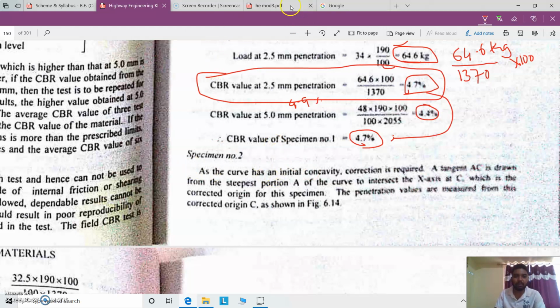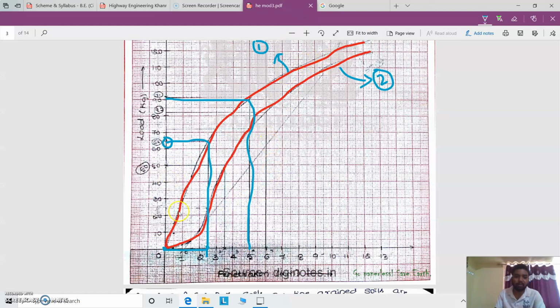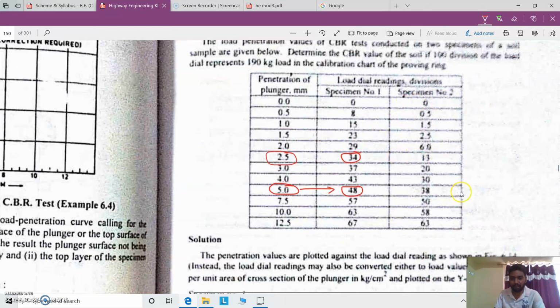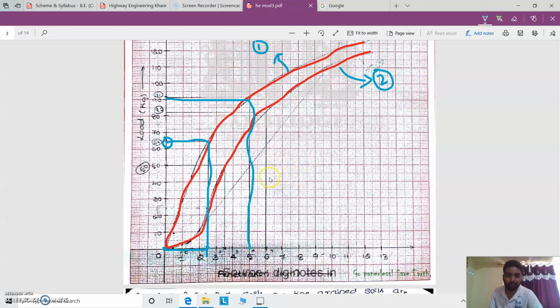For specimen number 2, similarly we have to plot the graph of load versus penetration. Then we need to convert all values to loads, given 190 kgs for 100 divisions, and then the plot may be considered.